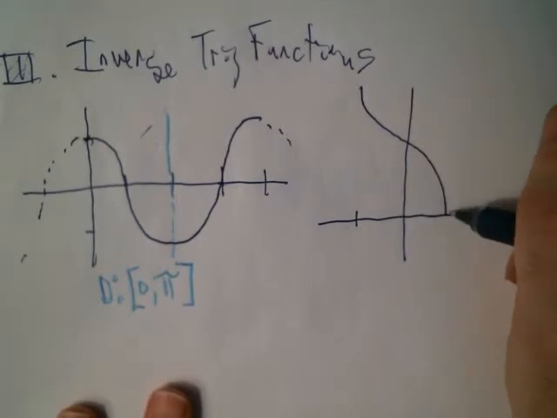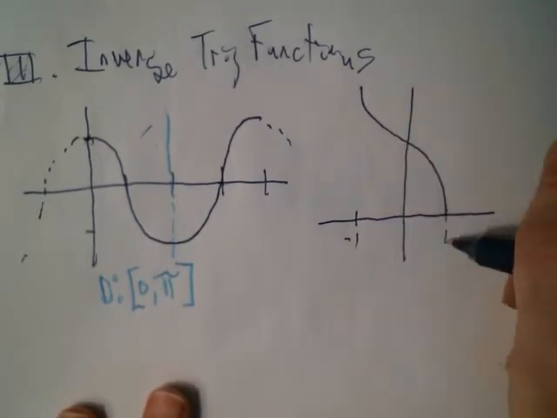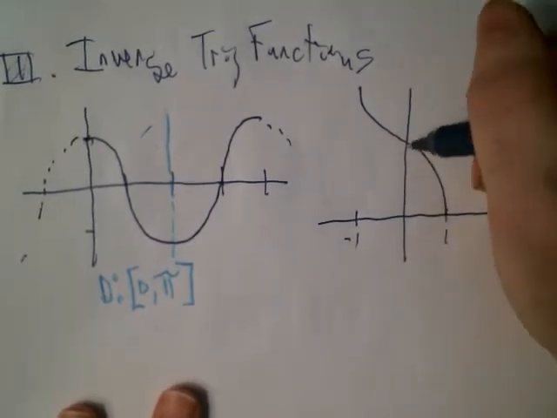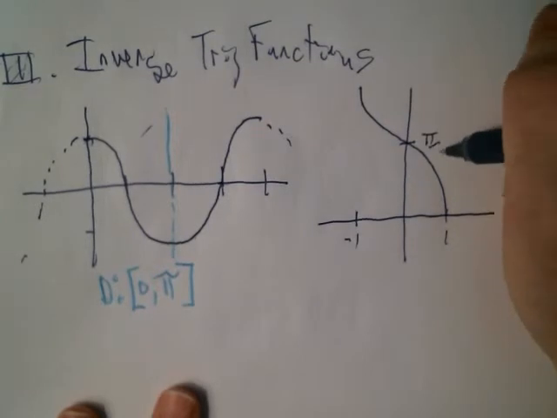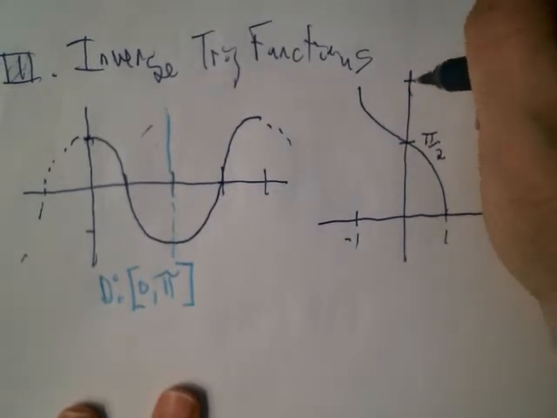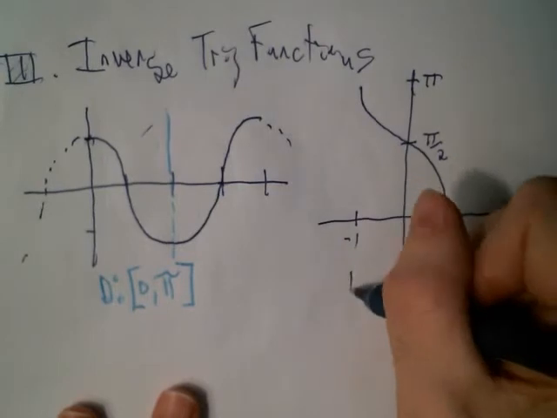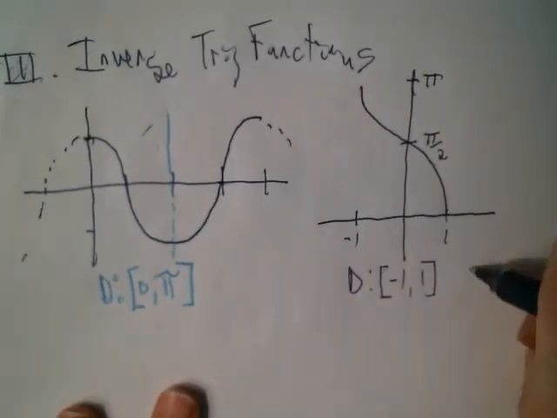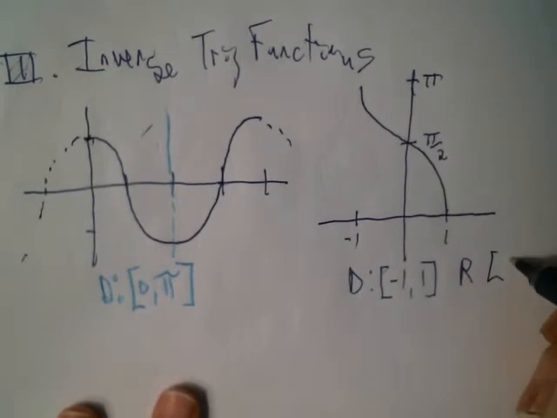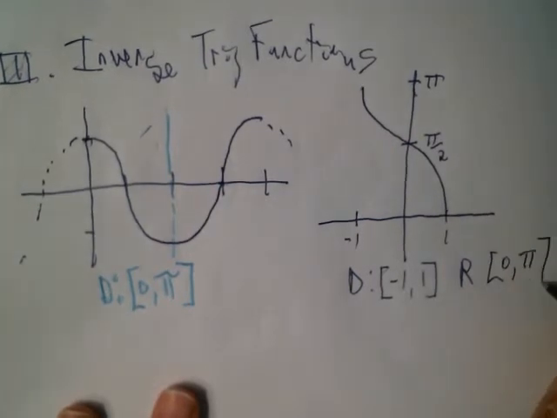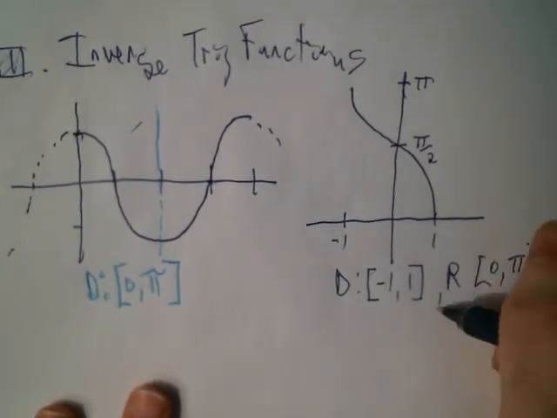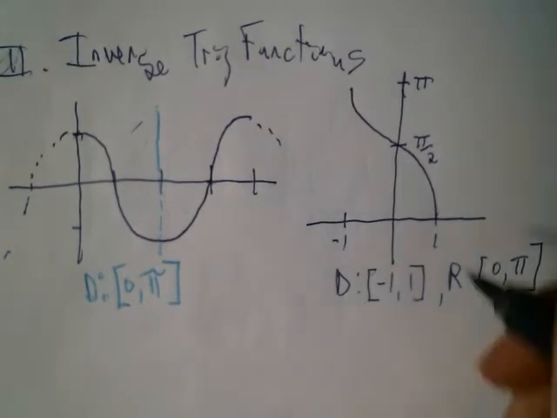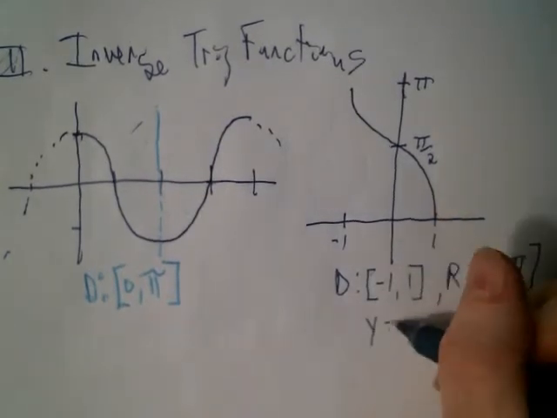And of course, we're going from -1 to 1, and this is at pi over 2, and then this is up here at pi. So the domain here is -1 to 1, and then the range is 0 to pi. Okay. And of course, this is cosine inverse.